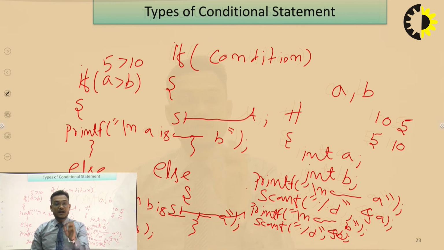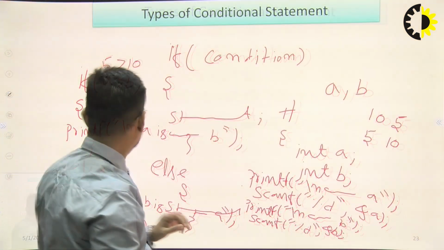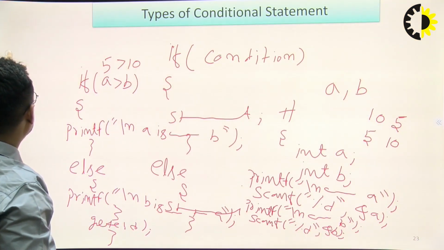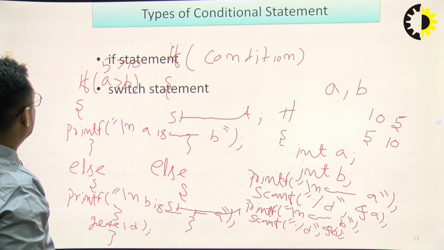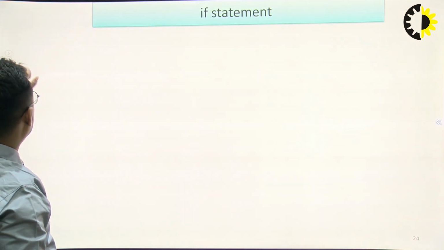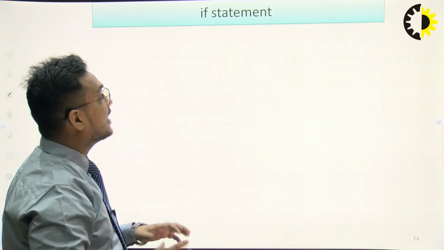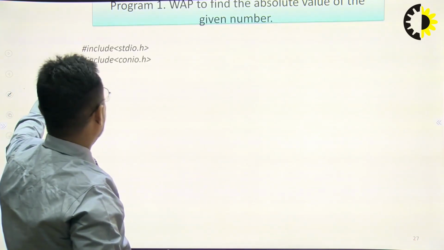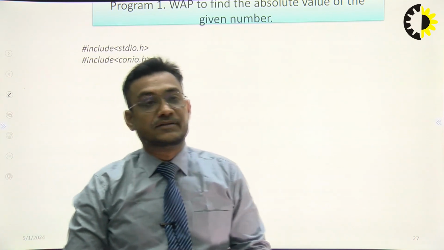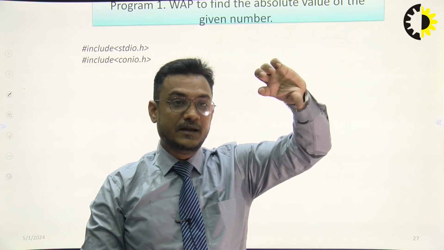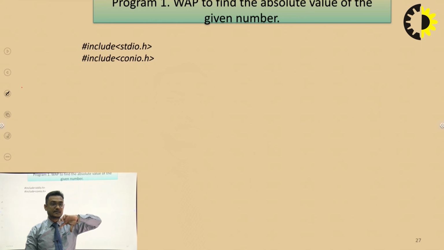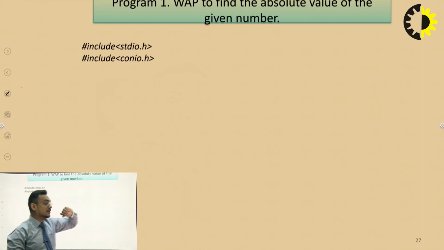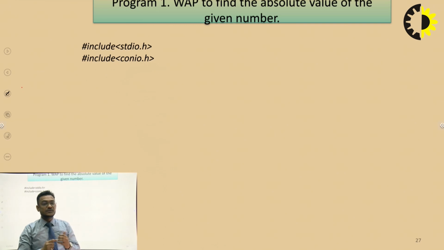And the third statement is the else if statement. What is else if? The else if statement generally represents a case in between if and else, where the value is either true or false. If you want to represent that, then you use the else if statement.